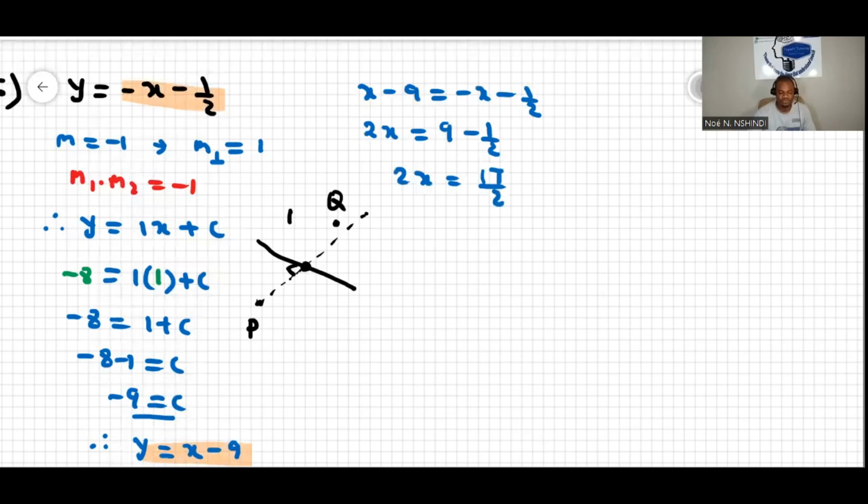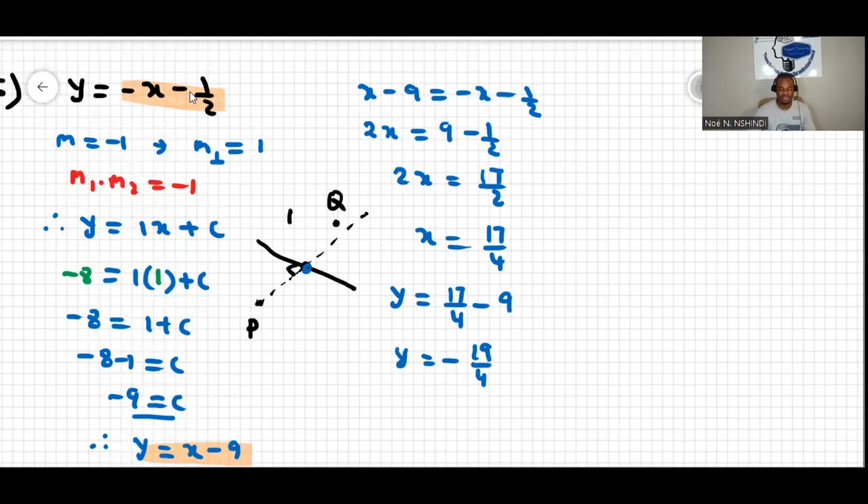Now you divide by 2, and you get 17 over 4. This is the x coordinate of that point. Now we need to find its corresponding y coordinate. We sub it into this, or even that, it will give the same answer: 17 over 4 minus 9, which gives -19 over 4.